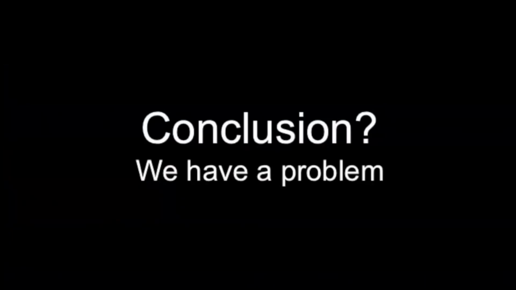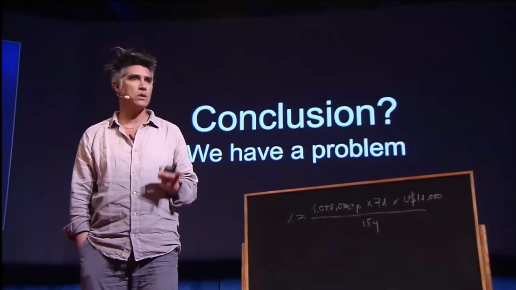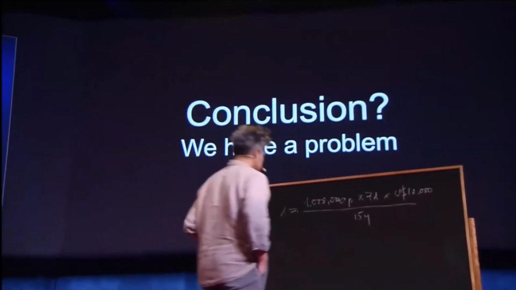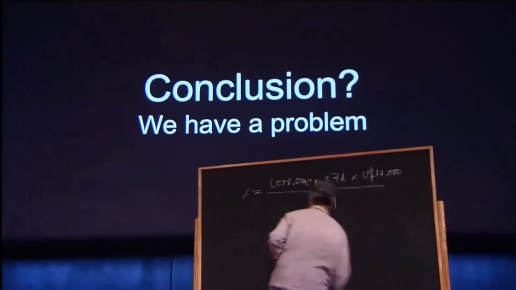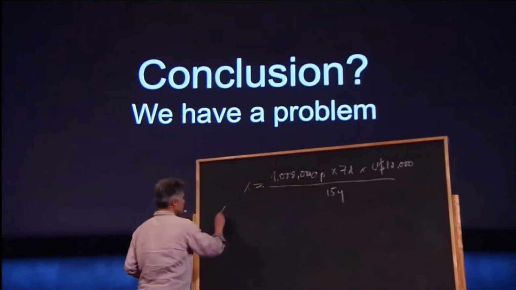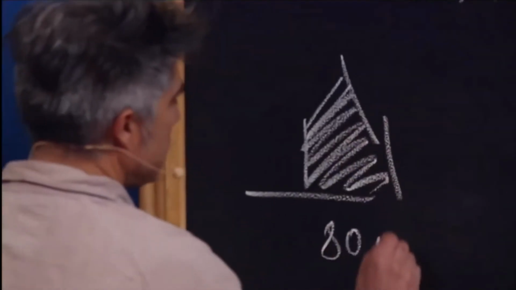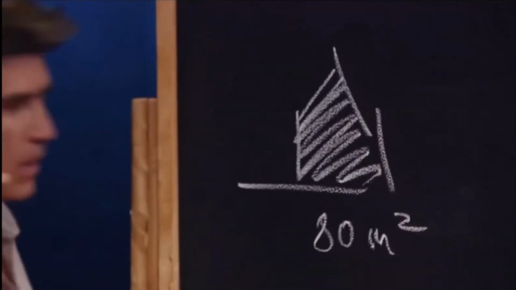So the conclusion with the families, and this is important, not our conclusion, with the families, was that we had a problem. We had to innovate. So what did we do? Well, a middle-class family lives reasonably well in around 80 square meters.